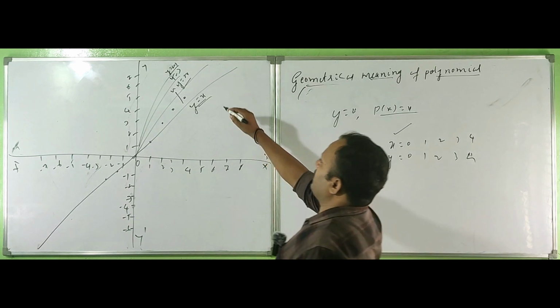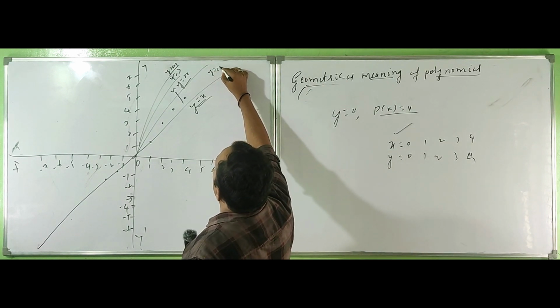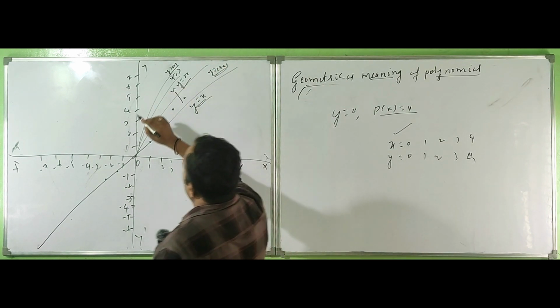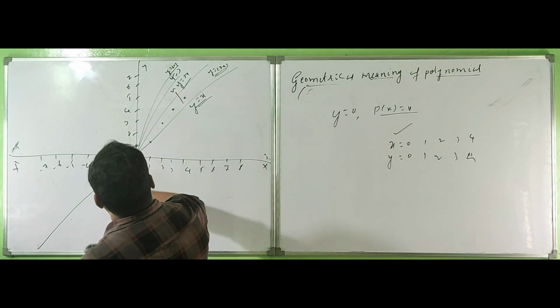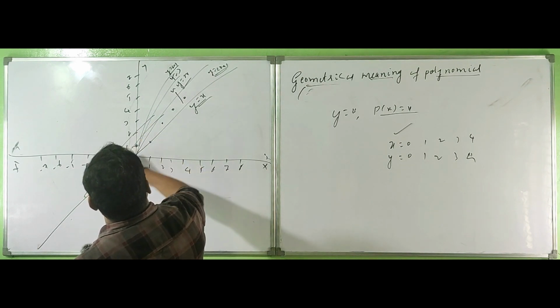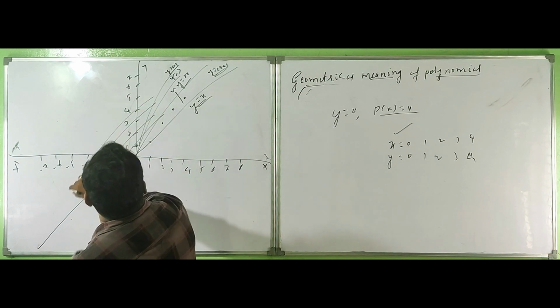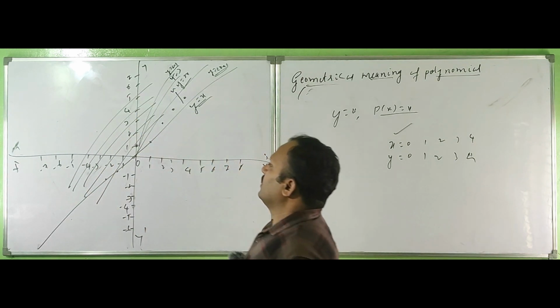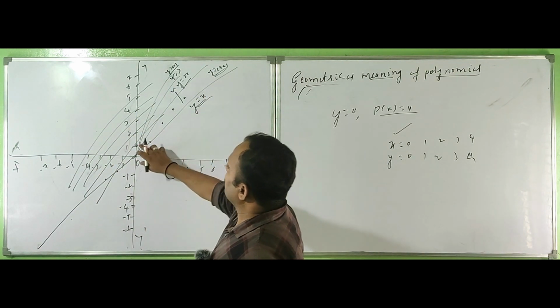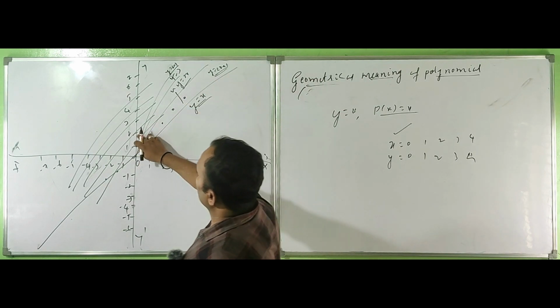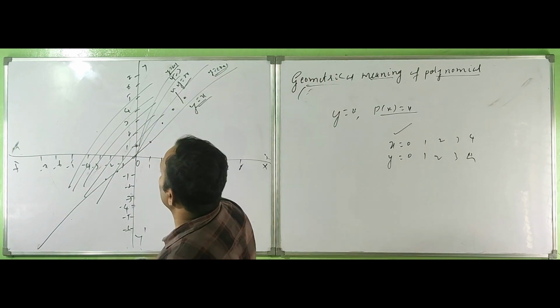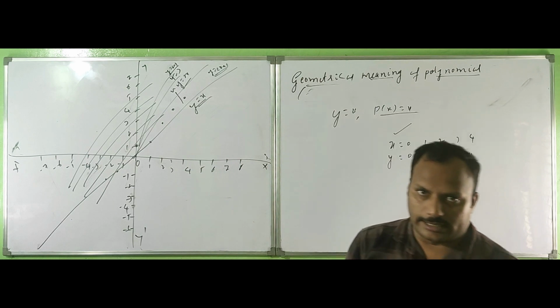Also, y equal to 2x plus 1: the line starts from here and cuts here, for 2, for 3, for 5, and so on. This means if we put x equal to 0, we get 1, then 2, or something else, where the line passes through.